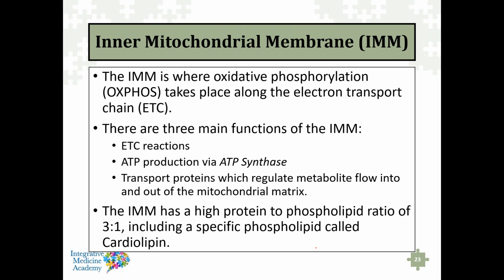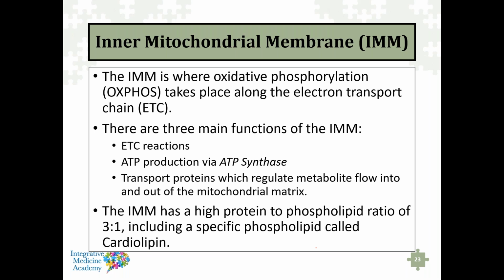We produce the ATP through the ATP synthase. And the membrane is also important for transferring proteins which regulate metabolite flow into and out of the matrix of the mitochondria. Interestingly, the inner mitochondrial membrane has a protein to phospholipid ratio of about 3:1.